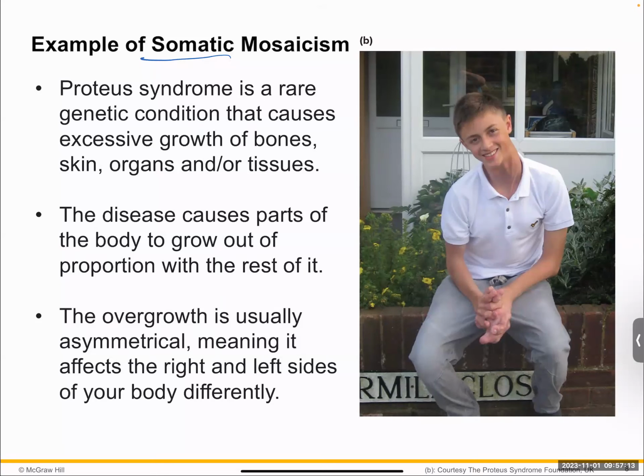Now, what this condition does is cause excessive growth in the bones, skin, and some of the organs and tissues. So in this individual, what you notice is a significant abnormal growth of the bone and the skin in the hands, which causes that overgrowth and abnormality. Because this is a somatic mosaicism, depending on which part of the body these cells are located, the abnormality would be asymmetrical.